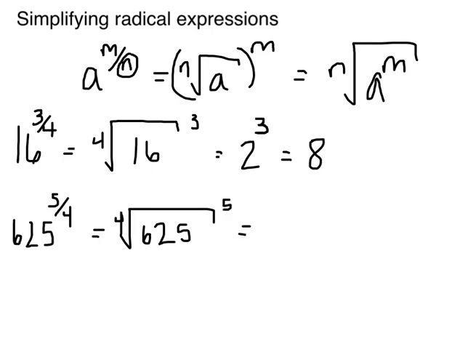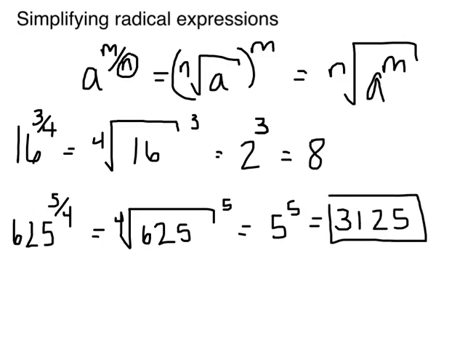So the fourth root of 625 is 5. So we have 5 to the 5th. And off the top of my head, I couldn't get that. I need to use a calculator. So 5 to the 5th power is 3,125. That would be the answer of that fraction power.